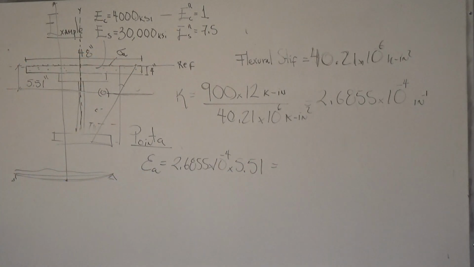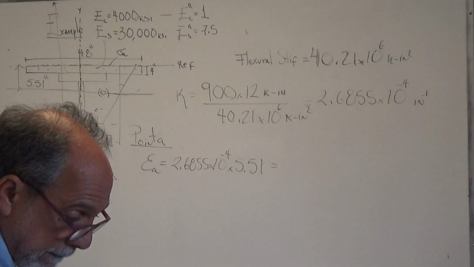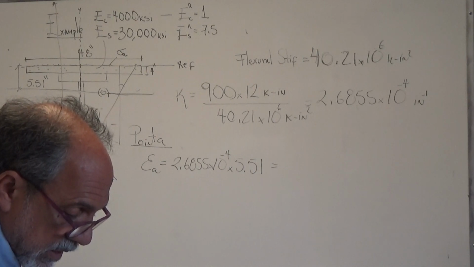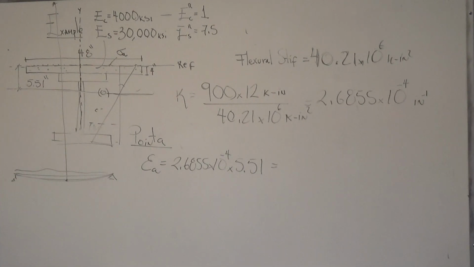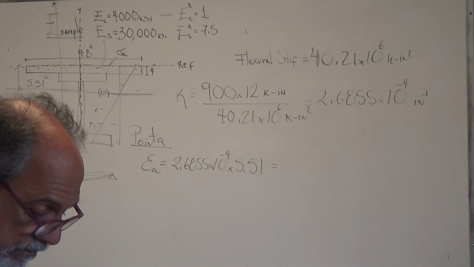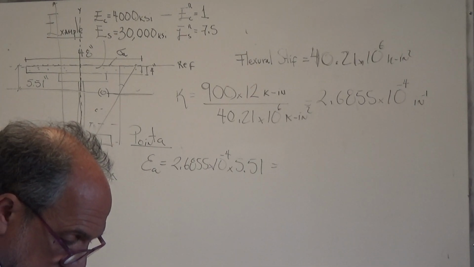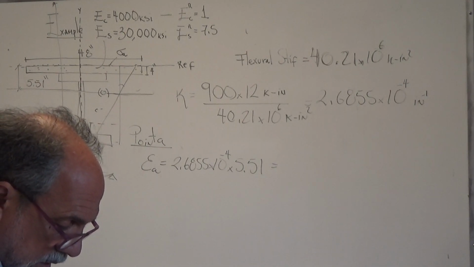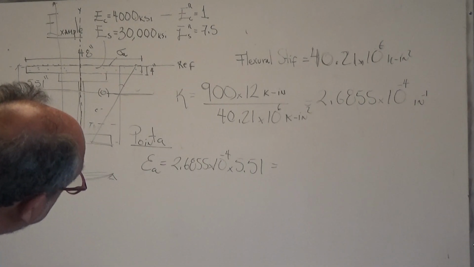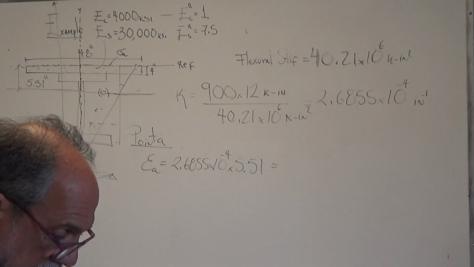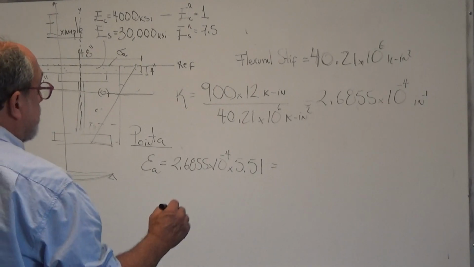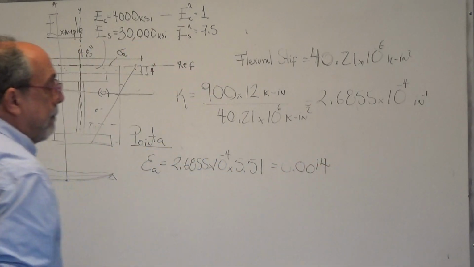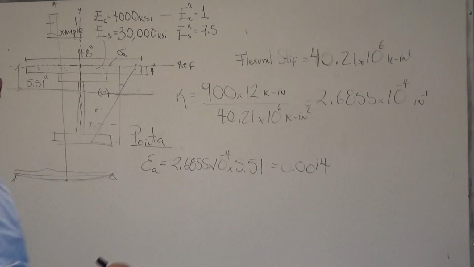And so we find that 2.6855 times 10 to the minus 4, times 5.51, is 0.000148.